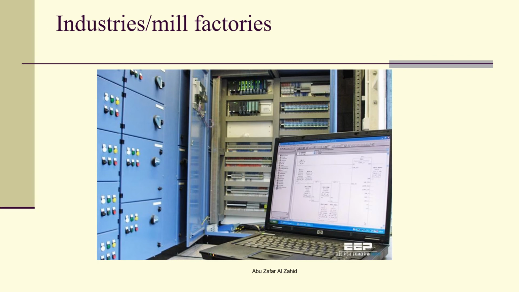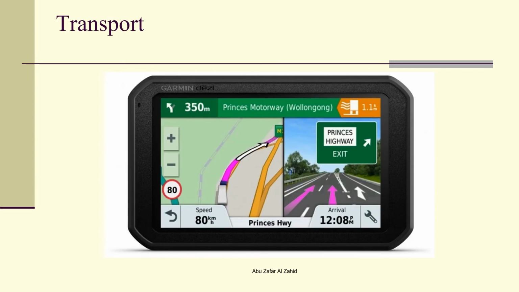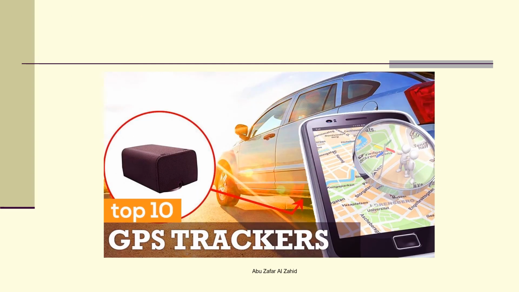Industries or mill factories nowadays use ICT devices greatly. They use various ICT devices to manage their inventories or in the marketing process. Nowadays, marketing process is totally dependent on ICT devices. ICT is also used in transport system. Nowadays, every transport system has GPS tracker. By using this GPS tracker, we can track where our vehicle is located.